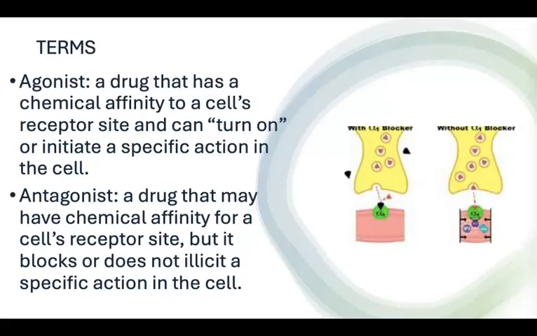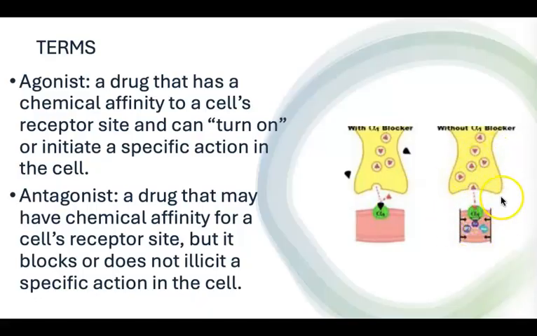In looking at the diagram to the right of this, you see the structure that's the far right. We have a drug that is an agonist in that once the medication comes and attaches onto the cell, we have a lot of action occurring in the cell.